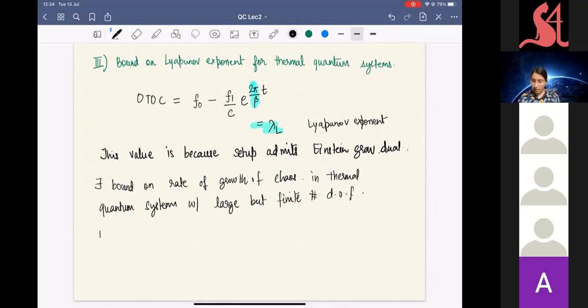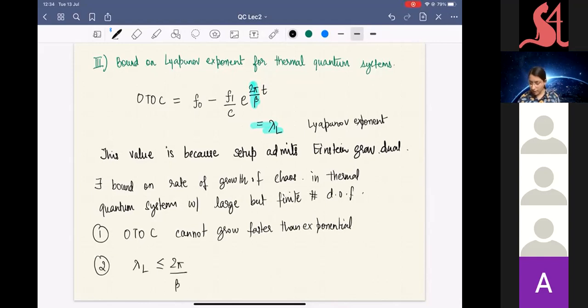What that means is, one, the OTOC cannot grow faster than exponential, and two, the bound on the Lyapunov exponent is 2 pi by beta. There is also an h-bar here, but we put that to be 1.